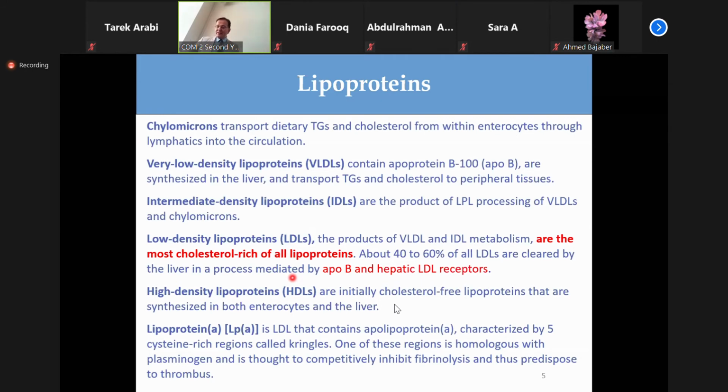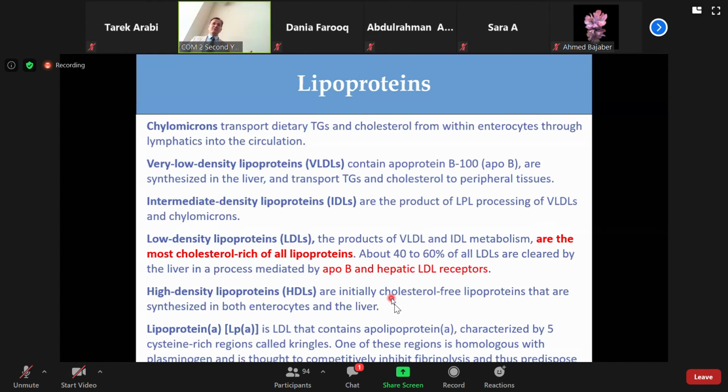Then we have the high density lipoproteins, which are initially synthesized by what? The liver, and to some extent, there's some in the intestine. Now, when they're synthesized, they're cholesterol free. They get released into circulation, and they start collecting cholesterol and sending it back to the liver and other tissues.